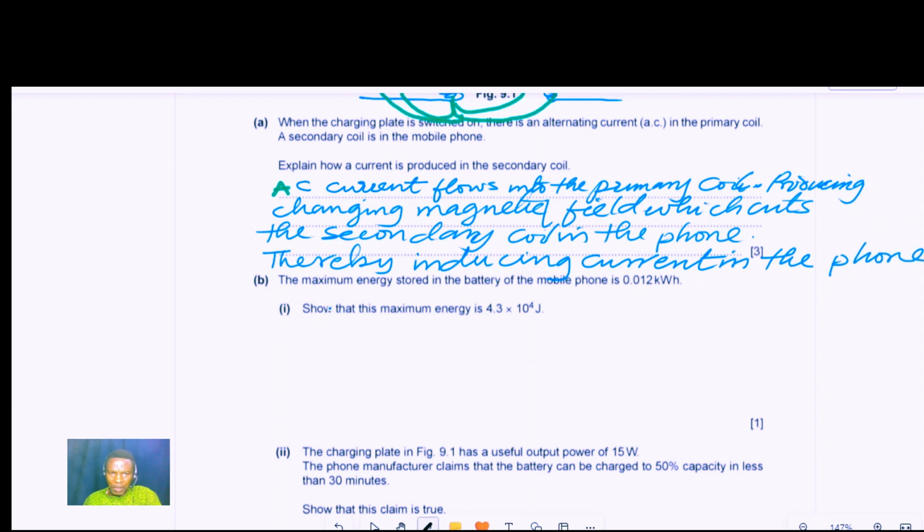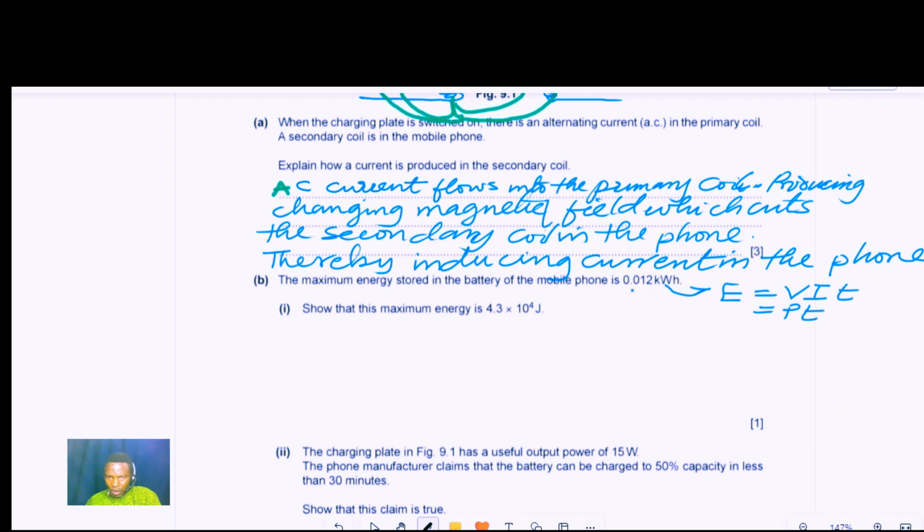Now, part B. The maximum energy stored in the battery of the phone is 0.012 kilowatt-hours. The secret formula for energy is equal to VIT. VI is power, which is the same thing as PT. The power is in kilowatts, and the time is in hours.